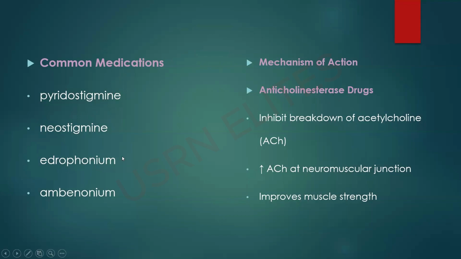And these drugs we are talking about, they are all anticholinesterase drugs. Remember when we were doing Alzheimer's disease, we said cholinesterase inhibitors. So you see why I was trying to draw your attention to that.